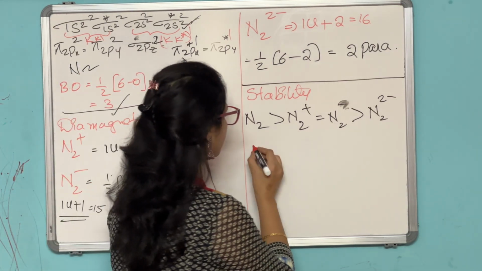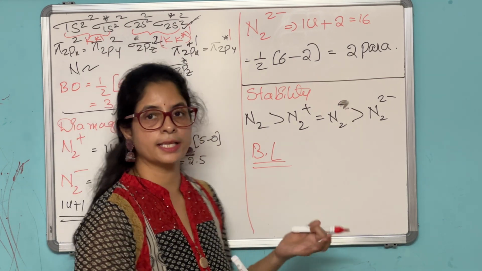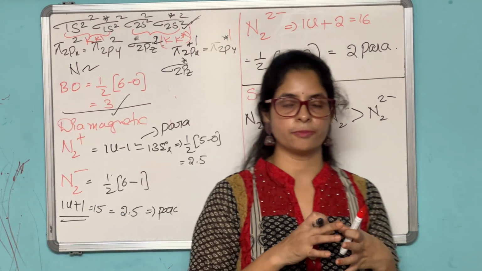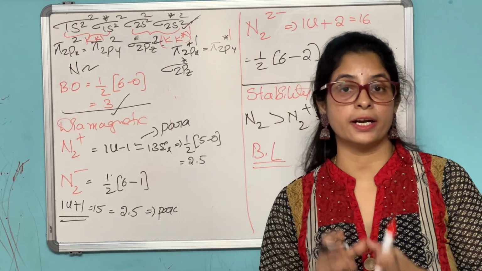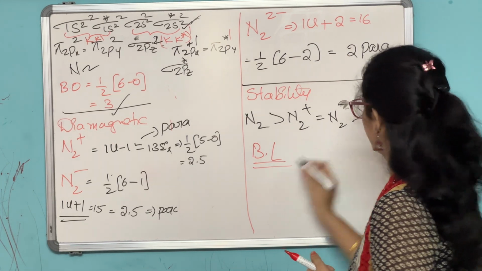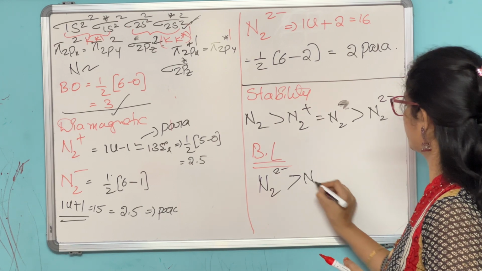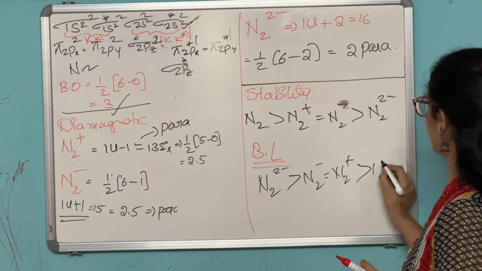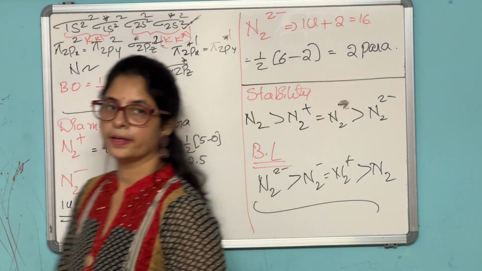Now what is the bond length of these species? Bond length and bond order are inversely proportional. If bond order is more, bond length is small. So reverse this order: N2 2 minus greater than N2 minus equal to N2 plus greater than nitrogen. Okay.